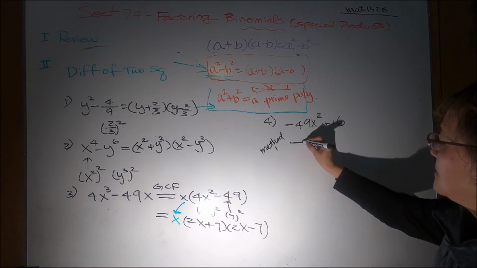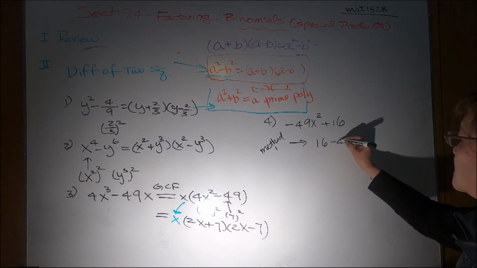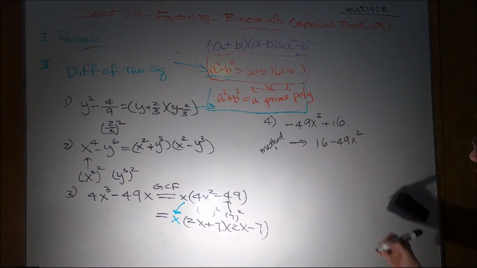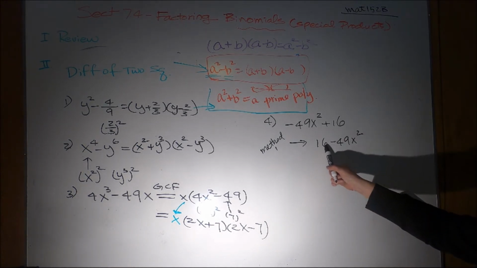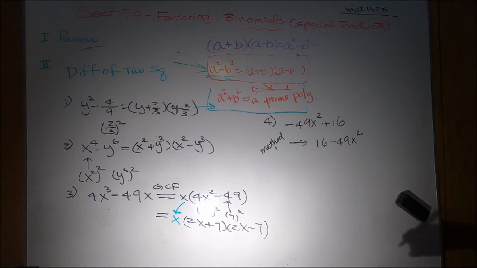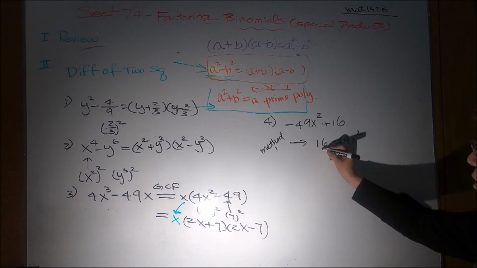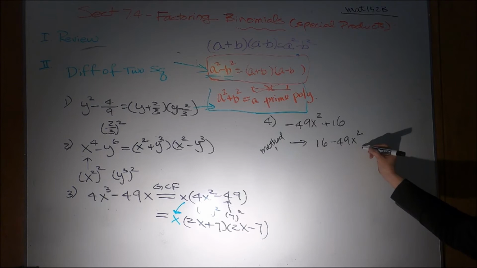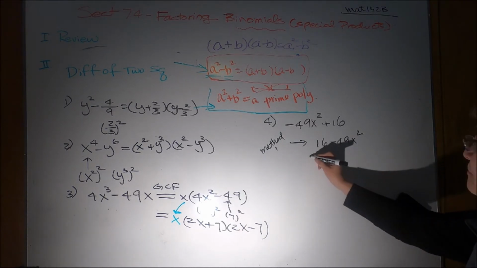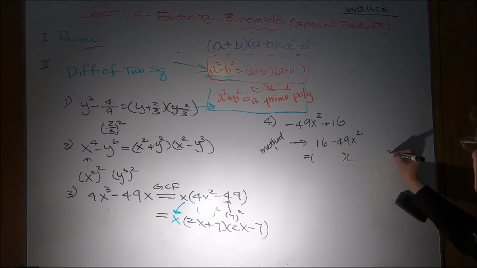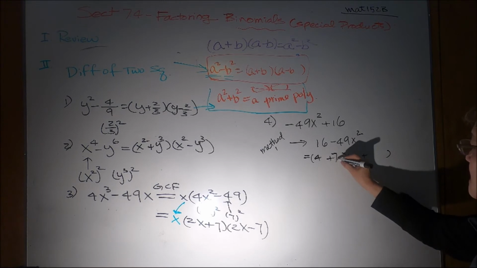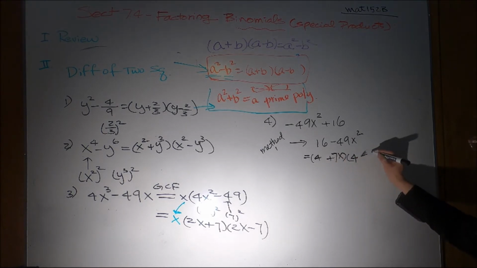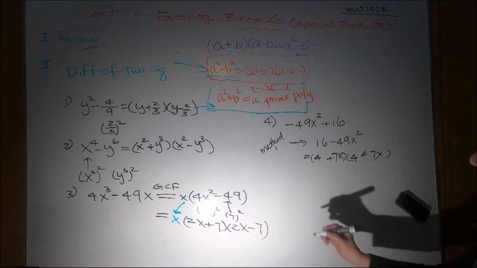So if you switch them around, you become 16 minus 49x squared, right? Then we have a what? Difference of two squares. Then we can do, that's 4 squared. This is what? 7x squared. Whole thing squared, right? So you will have one is 4, one is what? 7x. You can do that.